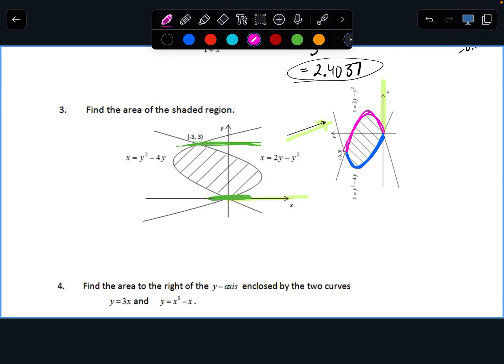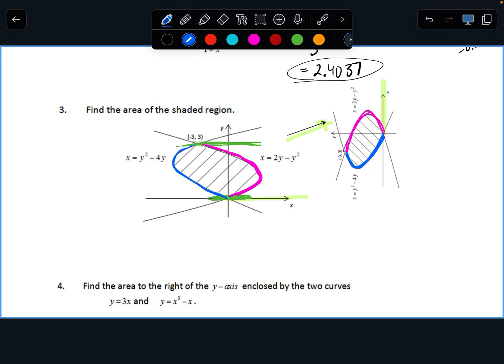That's why I just took a picture and twisted it on the document here. This is your upper bound if we're integrating in terms of y, and this would be your lower. I always turn the positive x into a positive y, so I always rotate it that way.